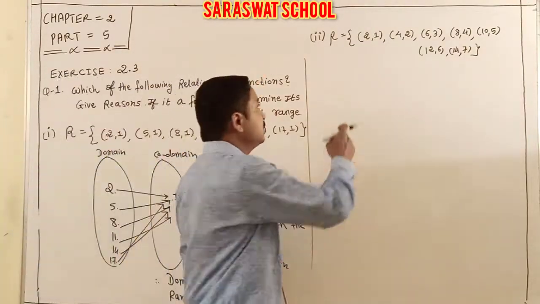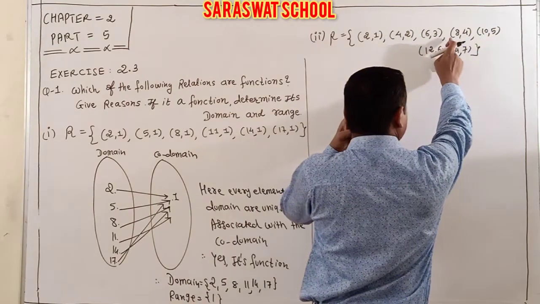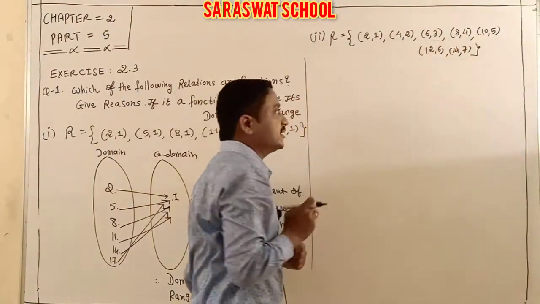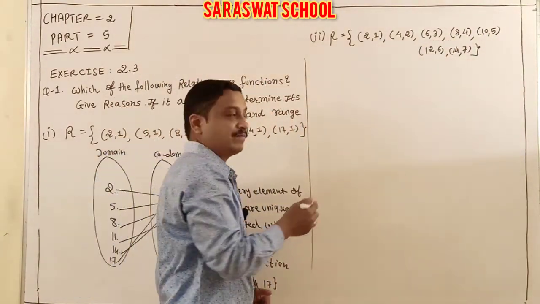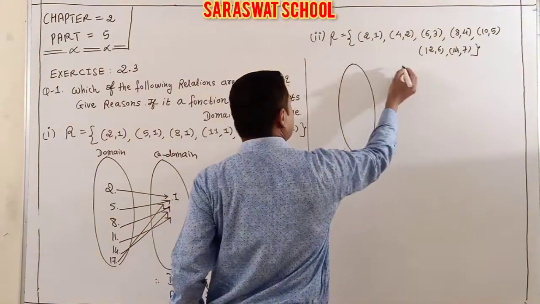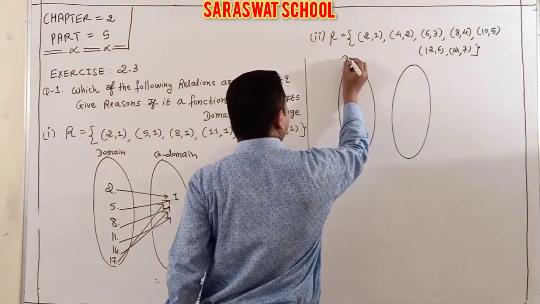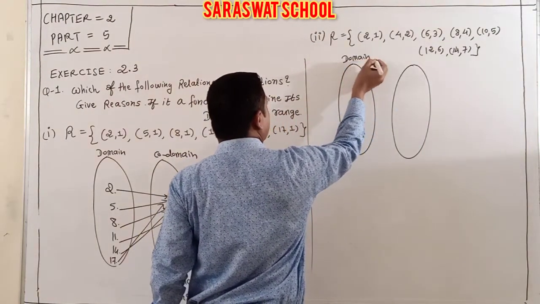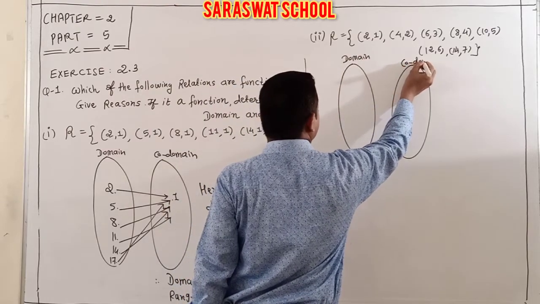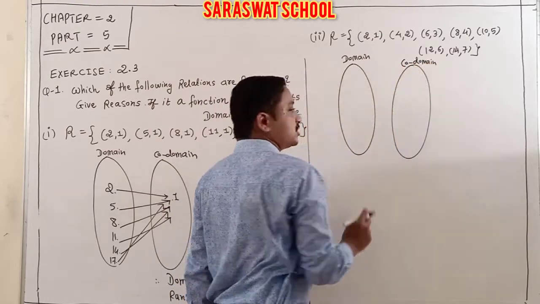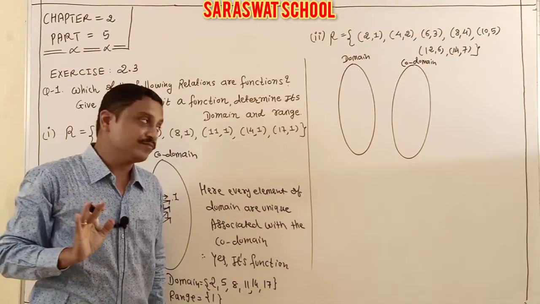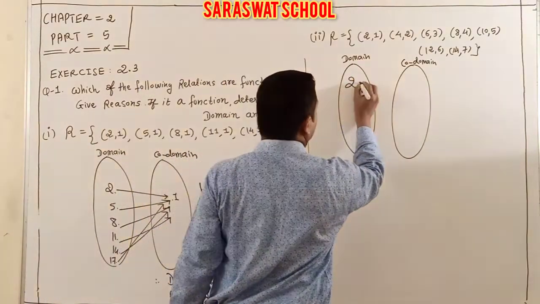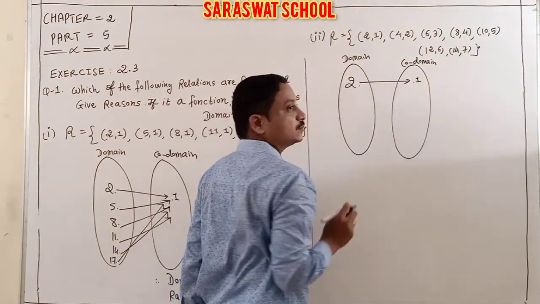The second question is the same: 2-1, 4-2, 6-3, 8-4, 10-5, 12-6, and 14-7. Here again, the same drawing, with the domain here and the codomain there. Students, it is necessary to show the drawing. So what is the domain here? 2 relates to 1.